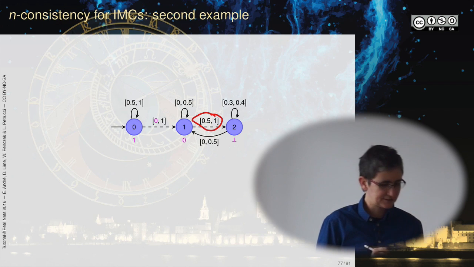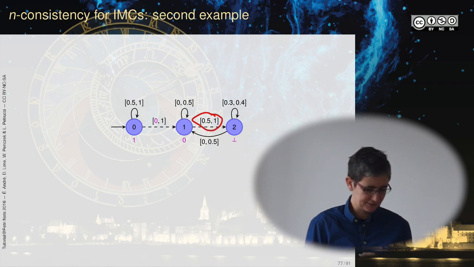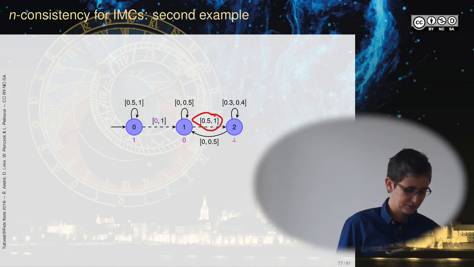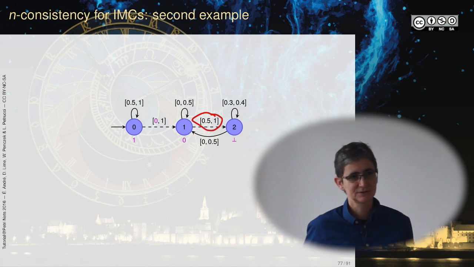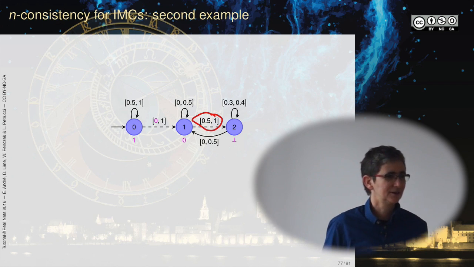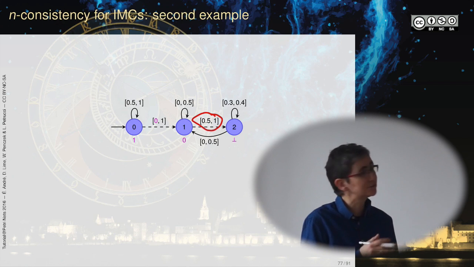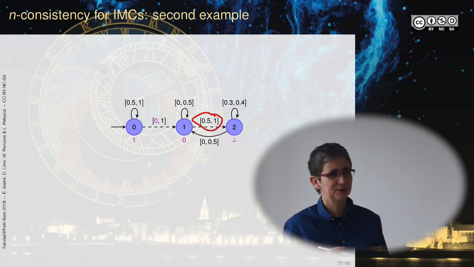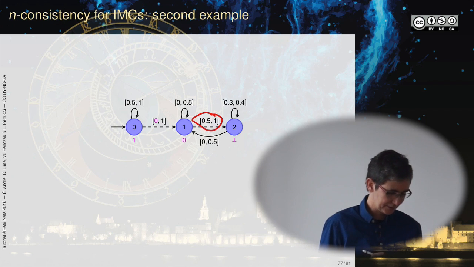As concerns state 0, it can reach state 1, and it can loop on itself, and it is 1 consistent because the sums add to something lower than 1 for the lower bound and bigger than 1 for the upper bound.